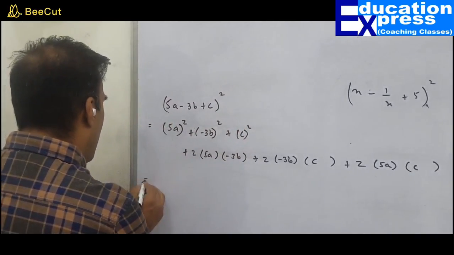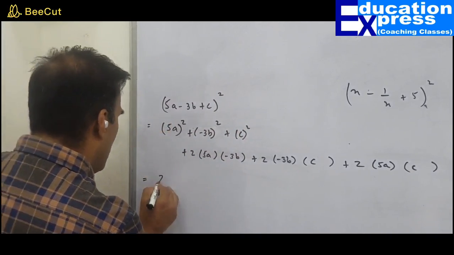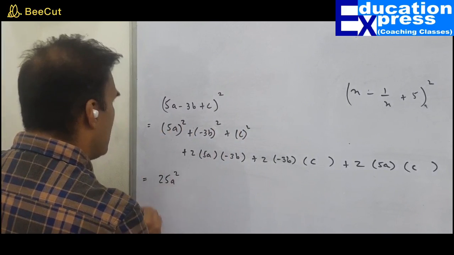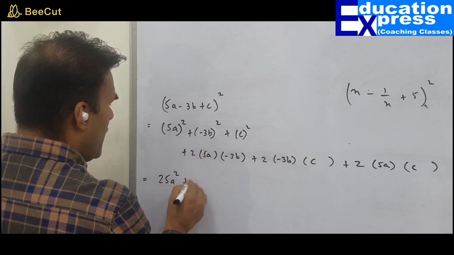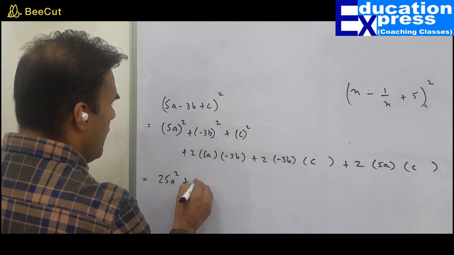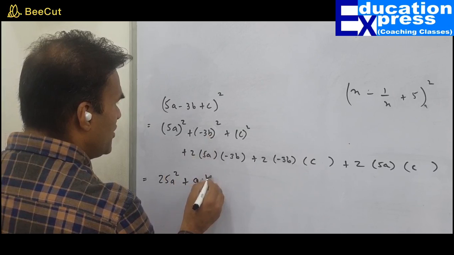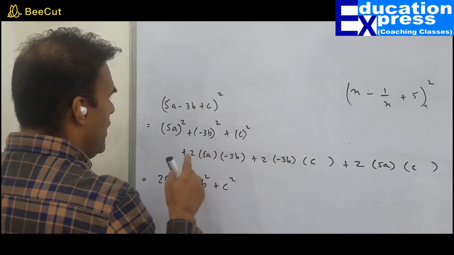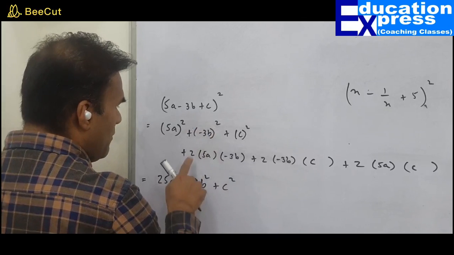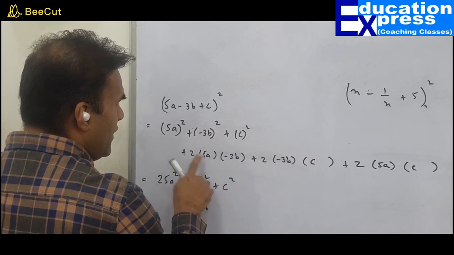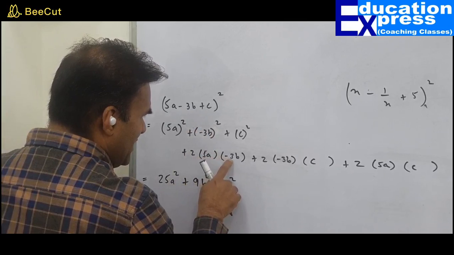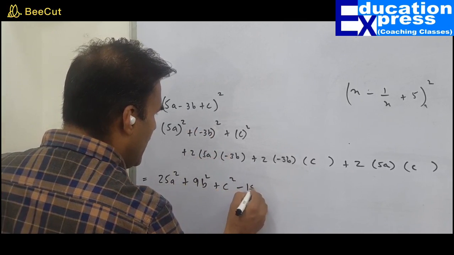So now when you expand 5 square, 25A square. Minus 3 will become 9. B will become B square. C will become C square. Now here first multiply number to number. 2 into 5, 10. 10 into minus 3, that's minus 15.